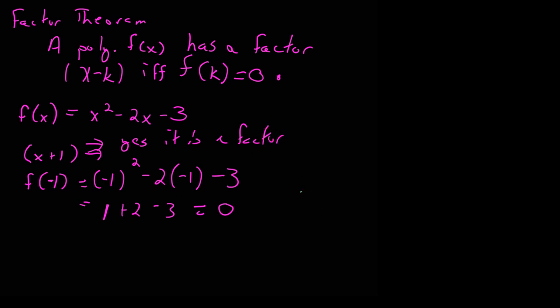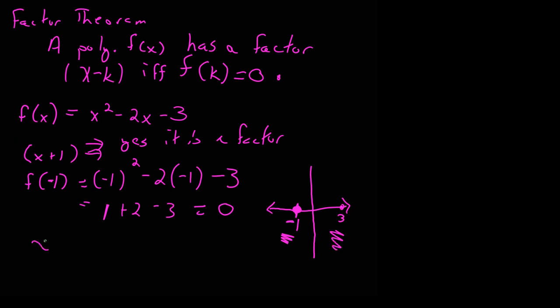And what's happening for us here is at -1, this parabola passes through the x-axis. It also passes through at 3. And here's the thing I want you to note.